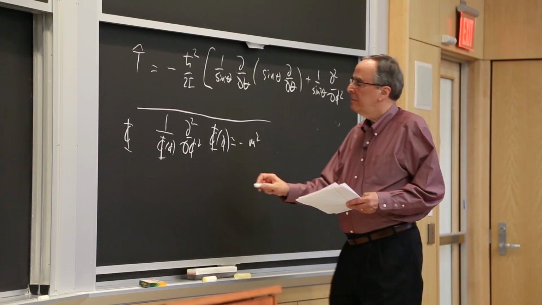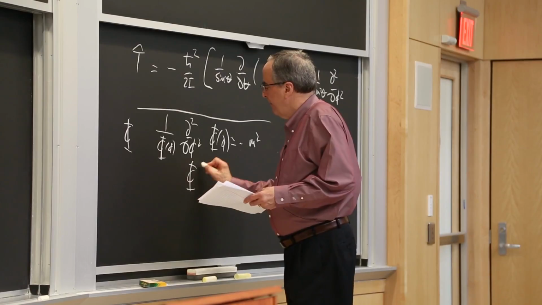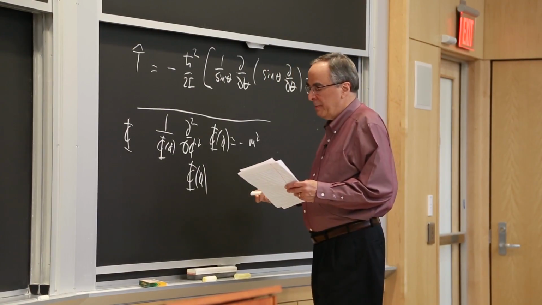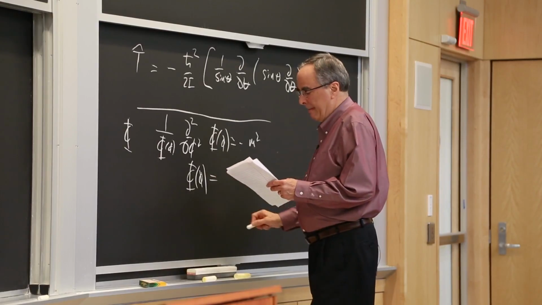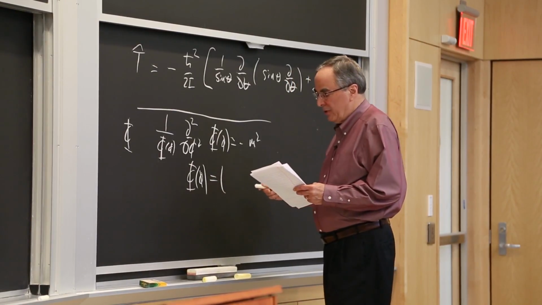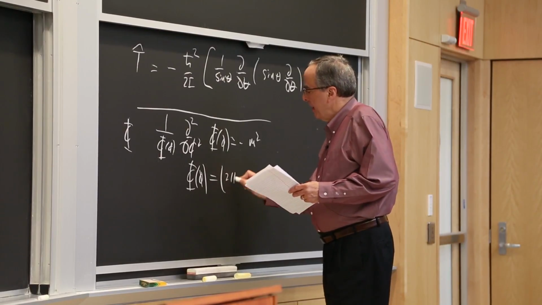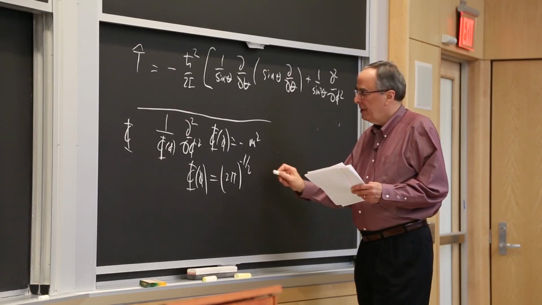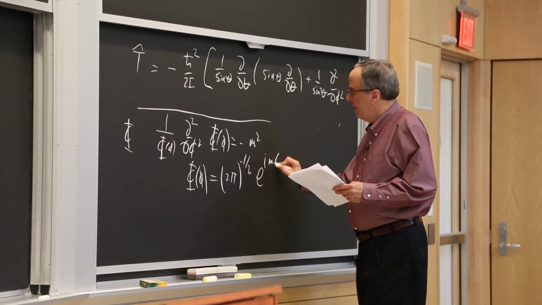So the phi part of the solution is 1 over the square root of 2 pi times e to the i m phi.